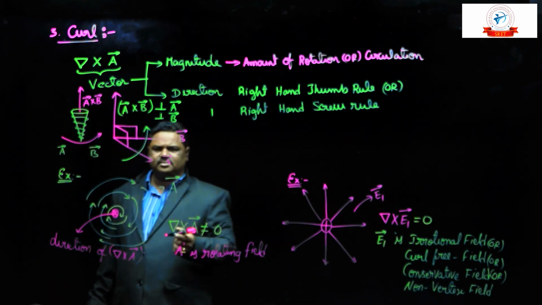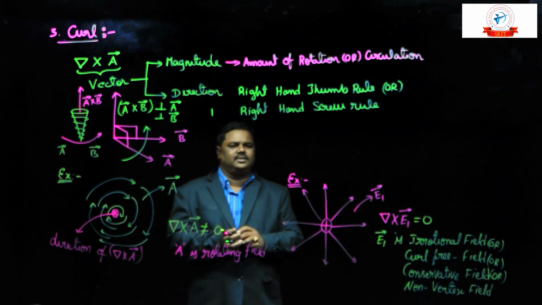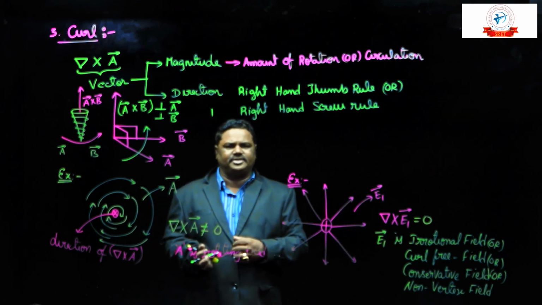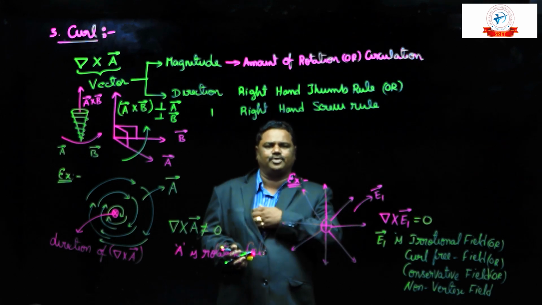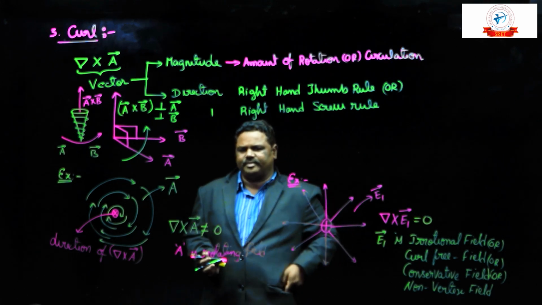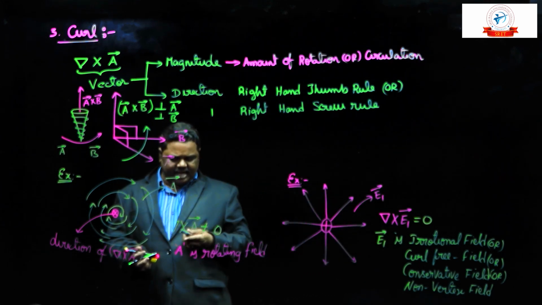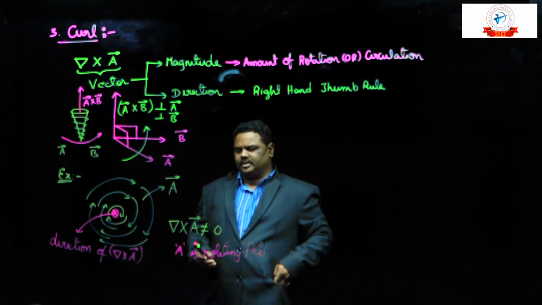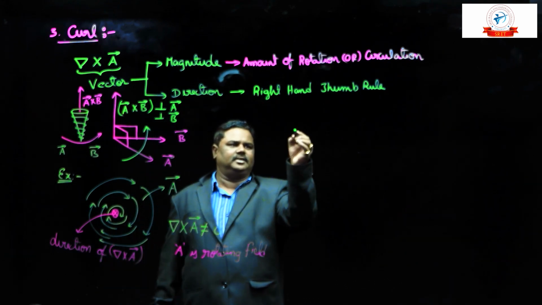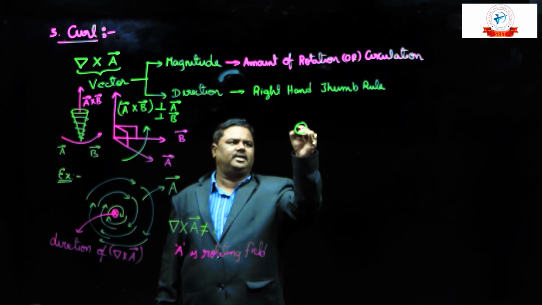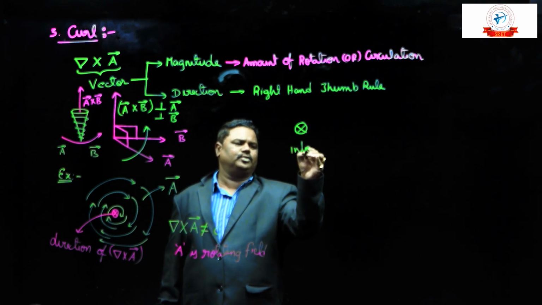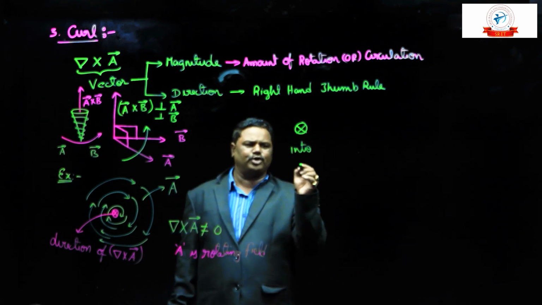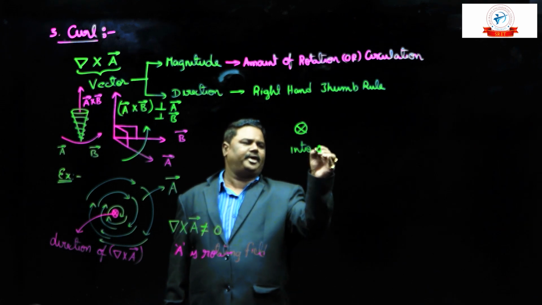You should also know the representation for into the board and outwards the board. Consider symbols: a circle with a cross is called into the paper or into the board, or inwards.